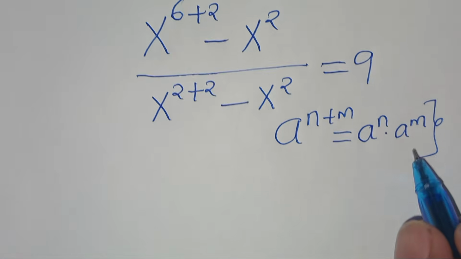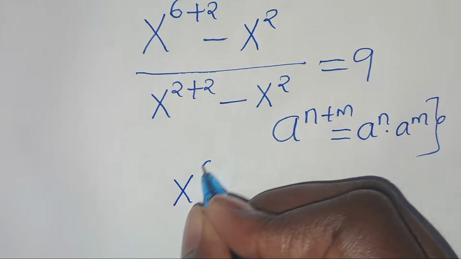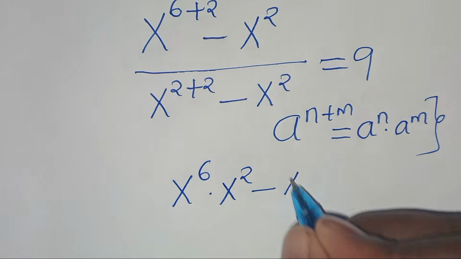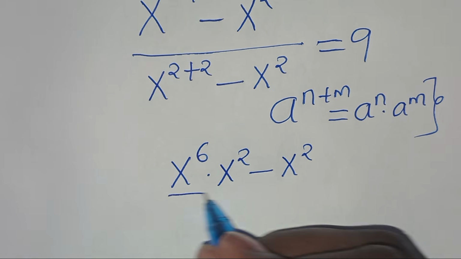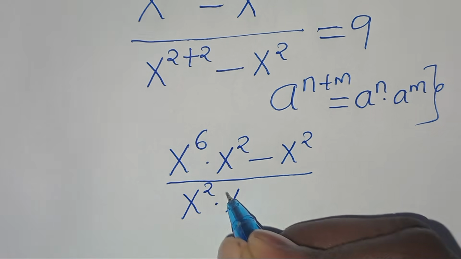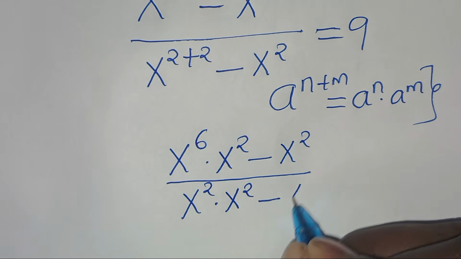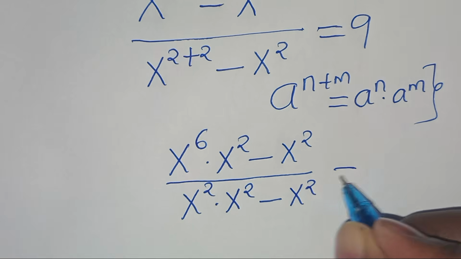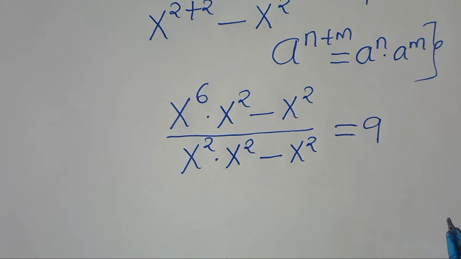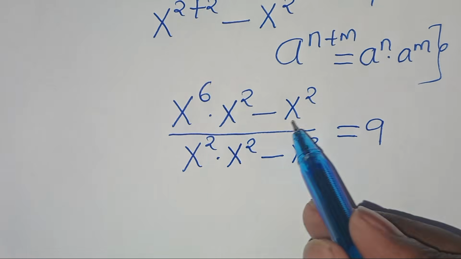Applying this exponent property, we have (x^6 times x^2 minus x^2) divided by (x^2 times x^2 minus x^2). This is equal to 9. Now, in the numerator, x^2 is common.